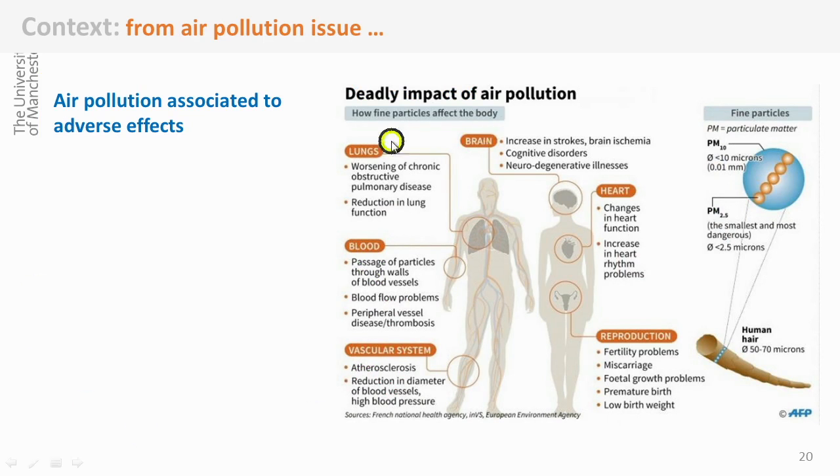We can have all this toxicity effect, and it can affect all these organs basically. Most of these routes for toxicity are fairly well known.